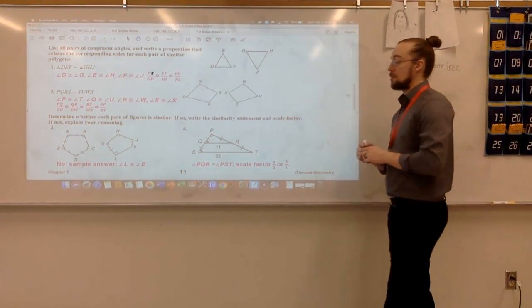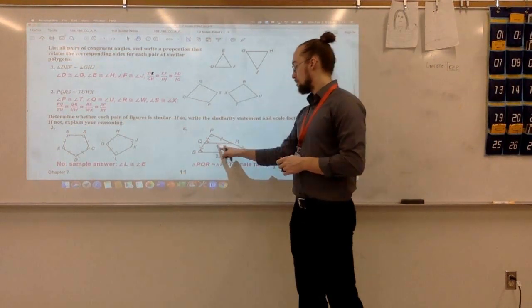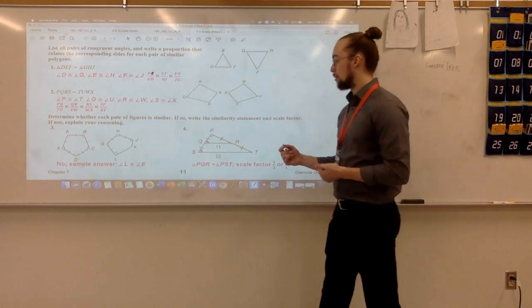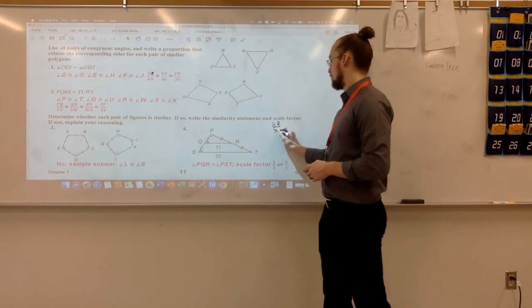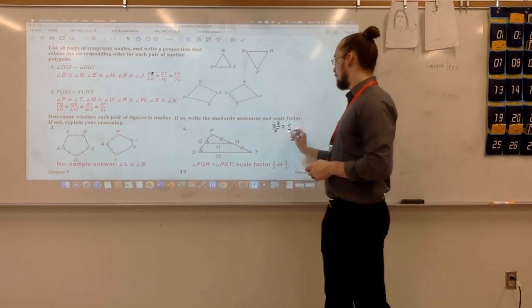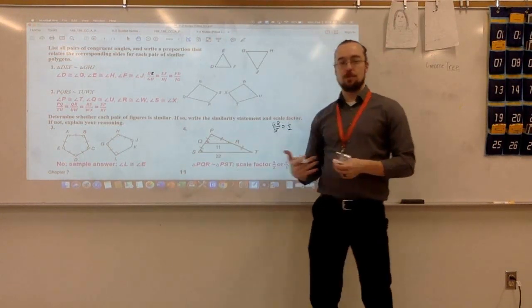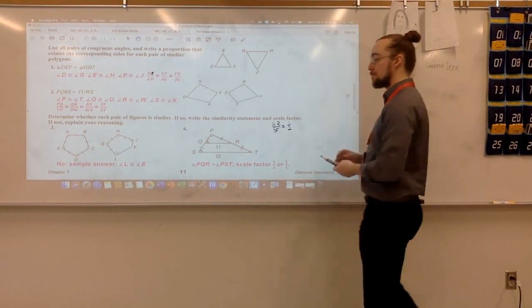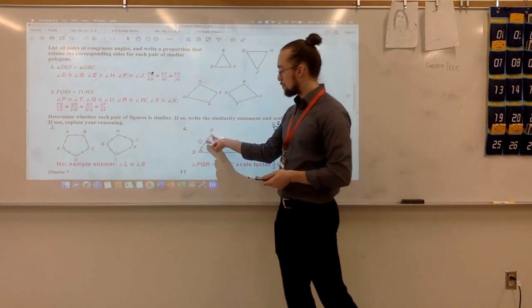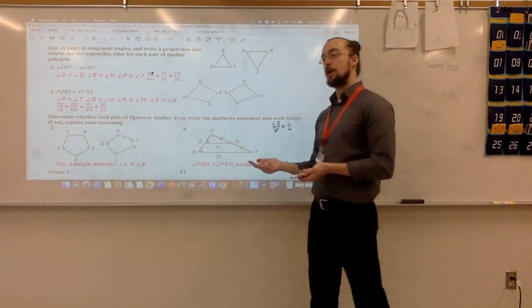Then as far as the sides, well, I can easily say QR over ST is 1/2. But then I'm not given numerical values for anything else. But I am told that some pieces are congruent. I'm told PQ is congruent to QS here.